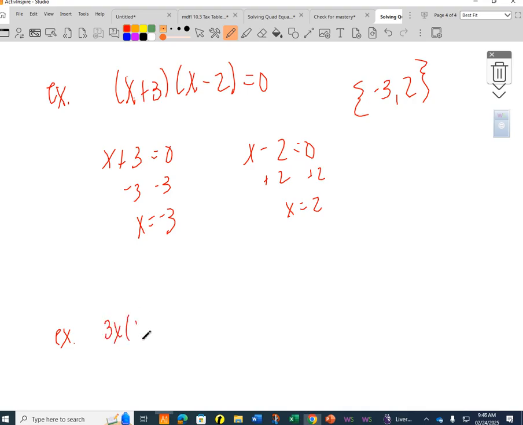You've got another one that looks something like this. 3x times, let's say, x plus 4 equals 0. Already factored. What are the two factors here, Trinicia? What's being multiplied here? Jaden?